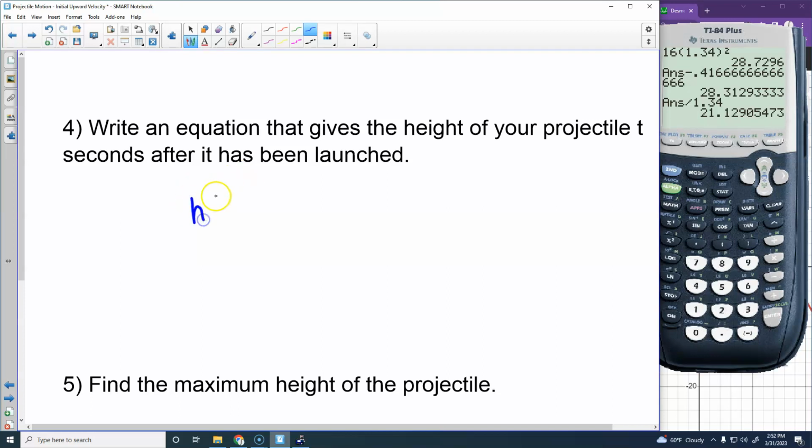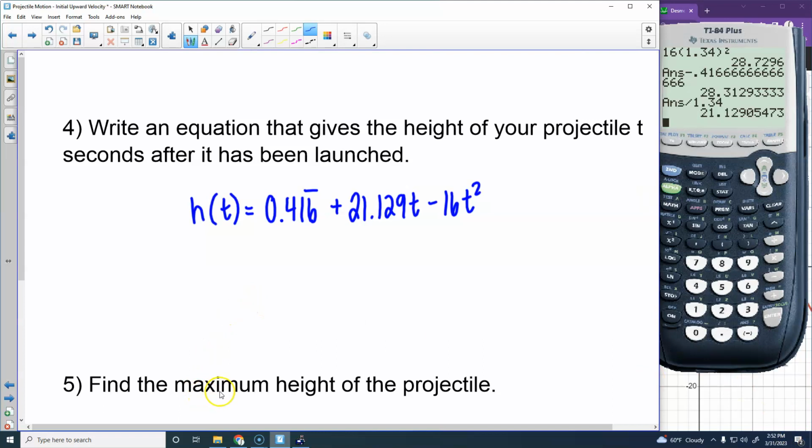So h of t is going to be 0.416 repeating plus 21.129t minus 16t squared. This question only asks us for the equation.